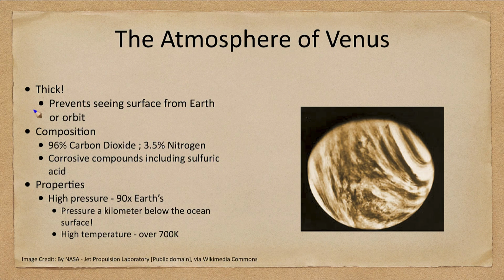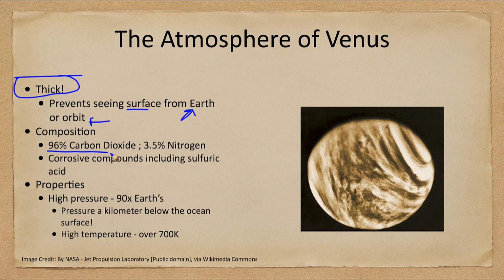Well, the atmosphere of Venus is very thick, and that prevents us from seeing the surface either from Earth or even from orbit. So we actually have to go down below the cloud layers in order to see what the surface looks like. Its composition is quite different than Earth's.